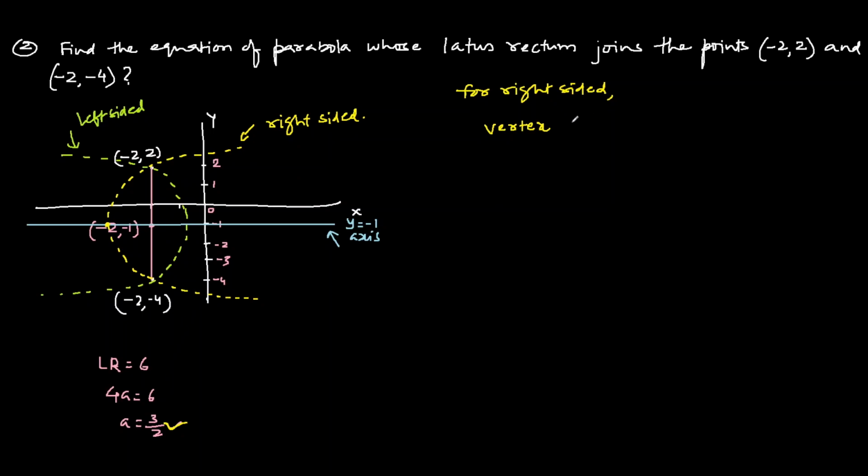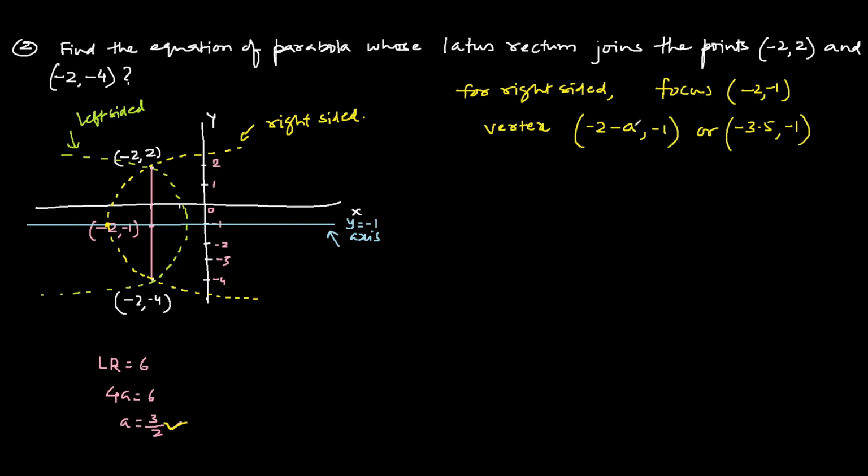So the focus is at (-2, -1). For this right-sided parabola, the vertex is a distance a from the focus towards the left side. So the coordinate of the vertex has to be (-2 minus a, -1), or (-2 minus 1.5, -1), that is (-3.5, -1).